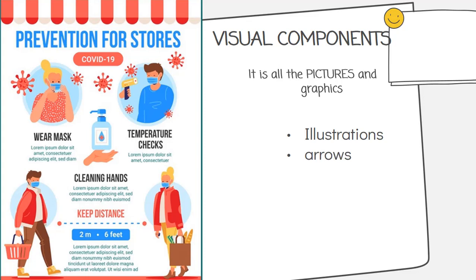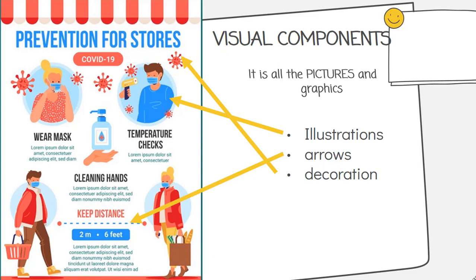For example, si tiene arrows como flechitas, it has decoration, incluso la decoration is a visual component. For example, here, aquí tenemos una illustration. Here we have some decoration, the little viruses. And here, for example, we have an arrow, we have a graphic, tenemos algo que nos ayuda a visualizar lo que queremos decir, okay? So, we have visual and textual components en nuestra illustrated guide, okay?